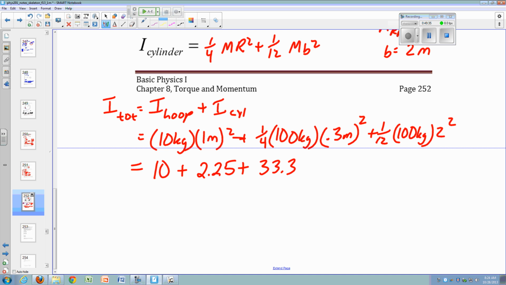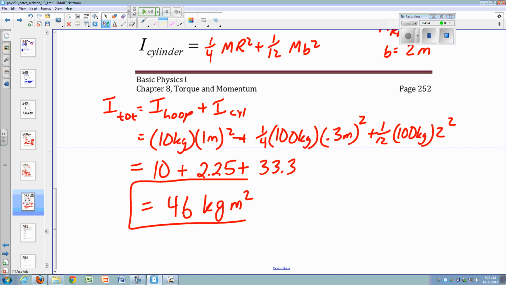I get 46 kilogram meters squared. All right, so that's my moment of inertia.